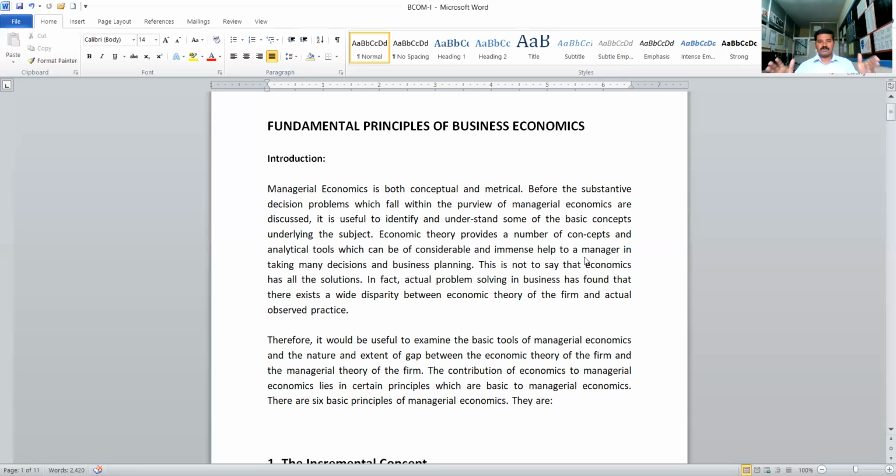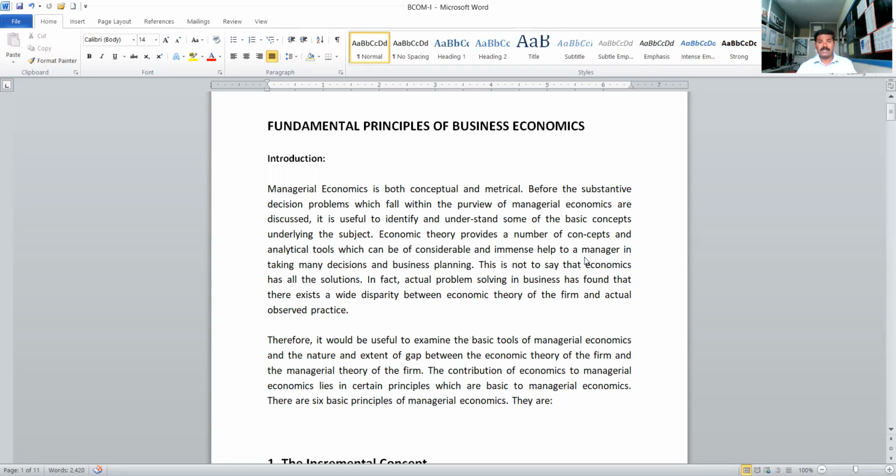Managerial economics is both conceptual and metrical. Before the substantive decision problems which fall within the purview of managerial economics are discussed, it is useful to identify and understand some of the basic concepts underlying the subject.